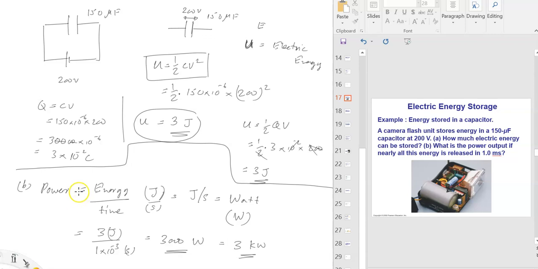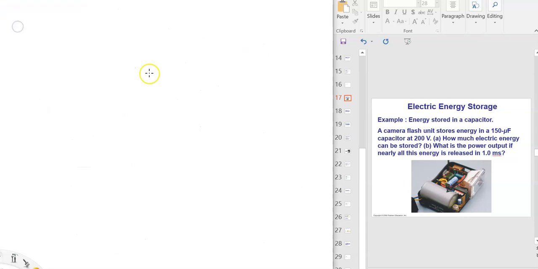So let's talk about an interesting conceptual situation. Let me clear this. Let's say you have an empty capacitor and you connect it to a battery, you charge it. Now you have a charged capacitor, and then you're going to remove it from the battery.